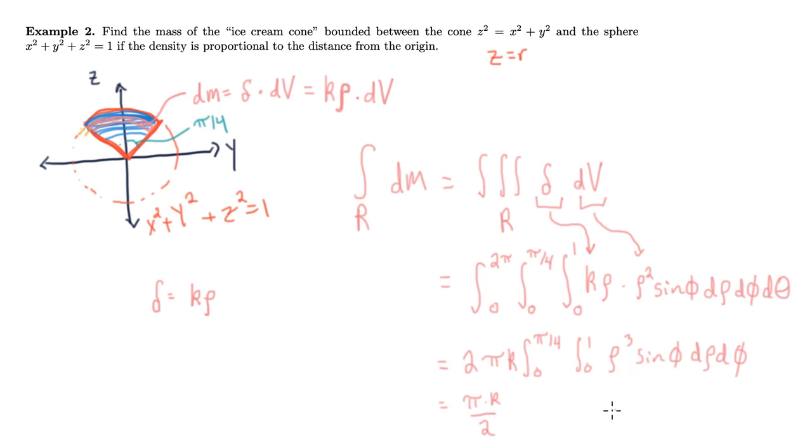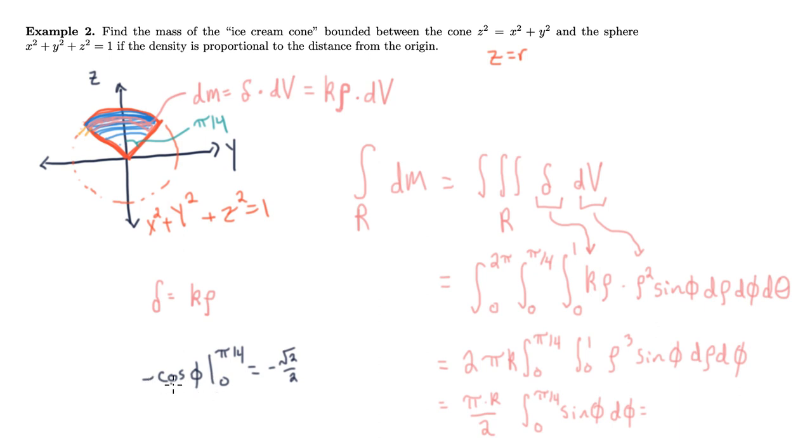Okay, and then we're just integrating sine from 0 to pi over 4. So an antiderivative is going to be minus cosine. Let's just do some scratch over here. So we're just evaluating minus cosine of phi from 0 to pi over 4, which is minus root 2 over 2.